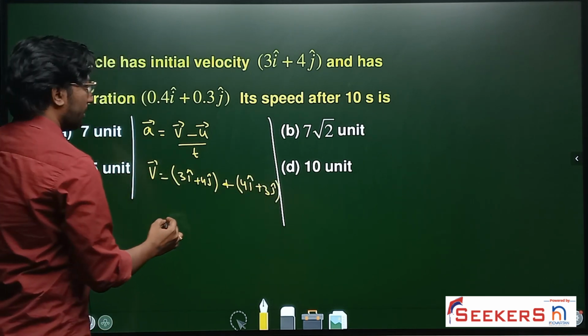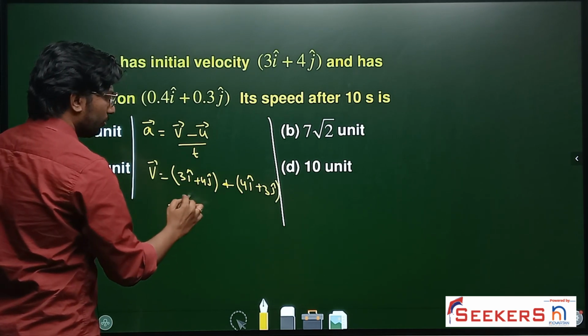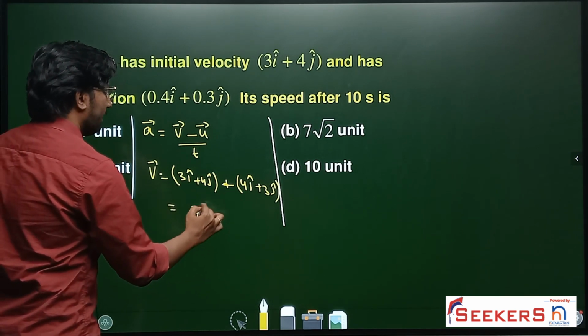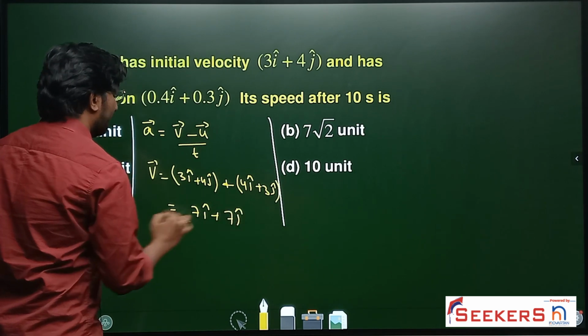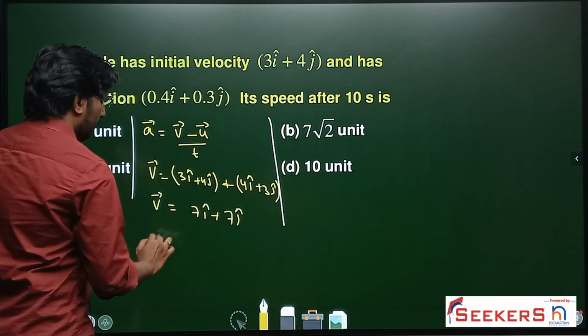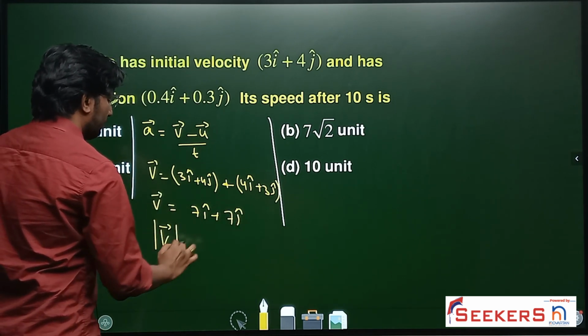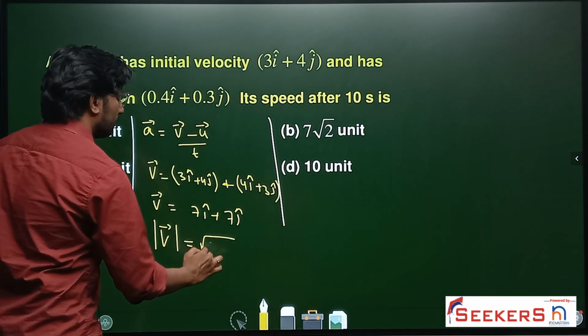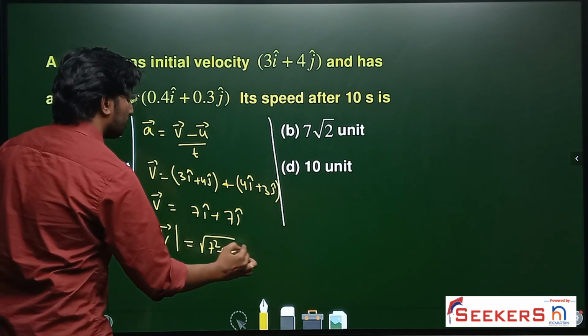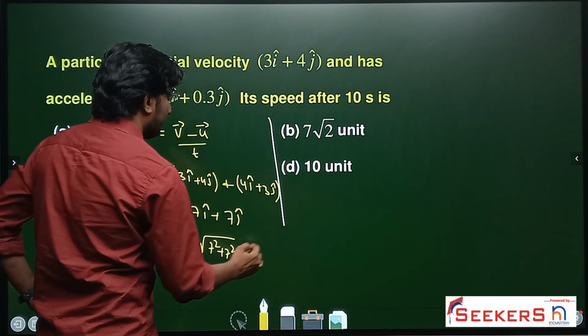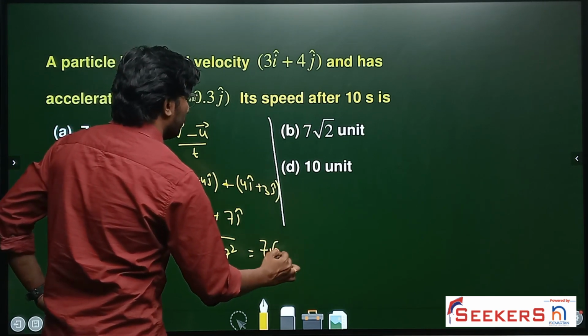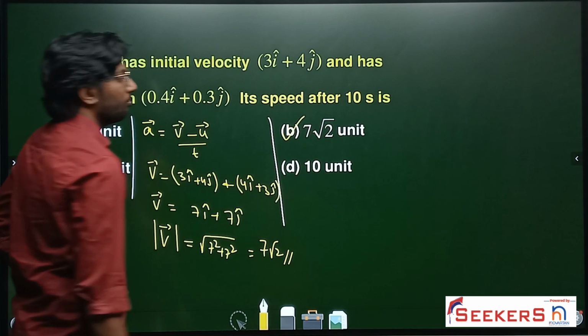So over here you can get a total of 7 i cap plus 7 j cap. That is the velocity and its magnitude, which will be the speed, square root of 7 square plus 7 square, or we can just write it as 7 root 2, and the answer is B.